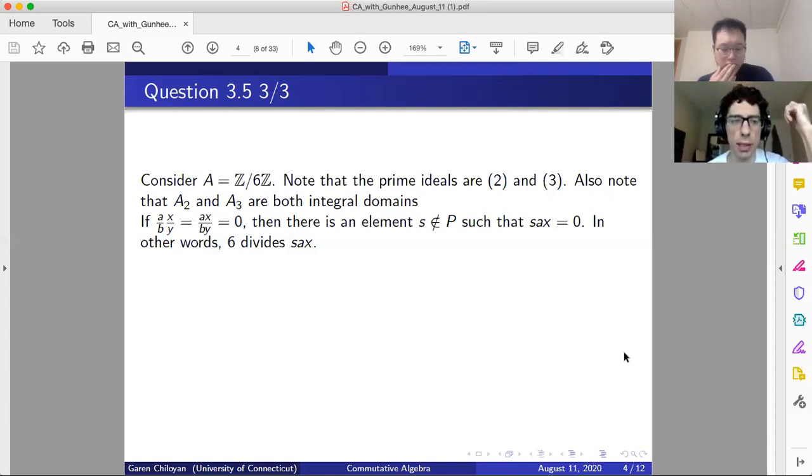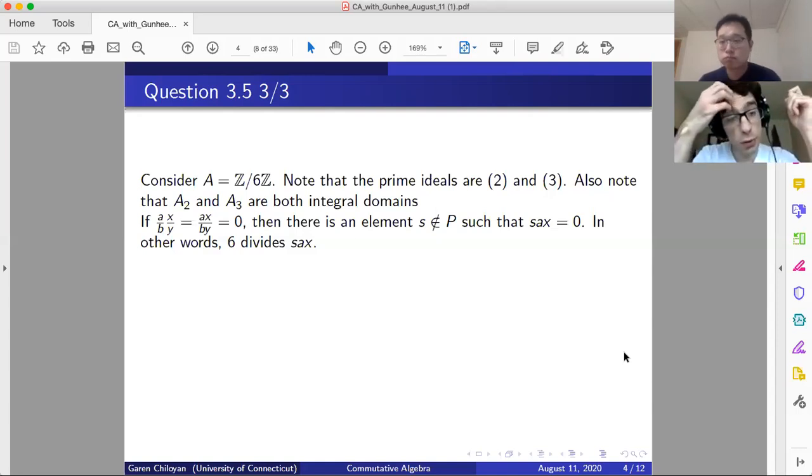If I localize A at 2, and if I localize A at 3, I claim they're both integral domains, but of course our original ring A is not an integral domain, so that would be an example that shows the second question is not true. Let's look at elements in A sub 2 or A sub 3.